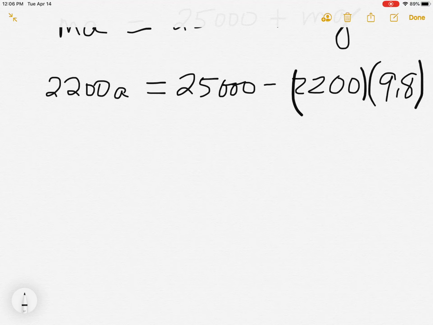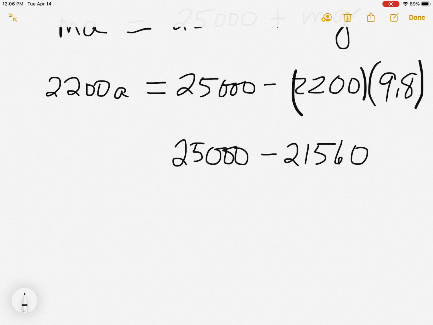Okay, so let's go through this. Well, we have 2,200 times 9.8, which is going to make that a fairly big number, 21,560. And we have all of this that we did nothing with yet. So there's what we have. So we're going to subtract that from the 25,000.